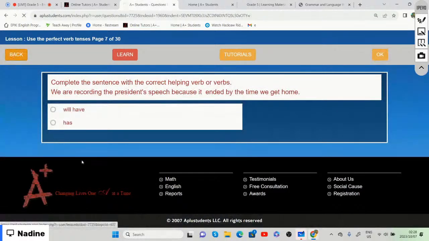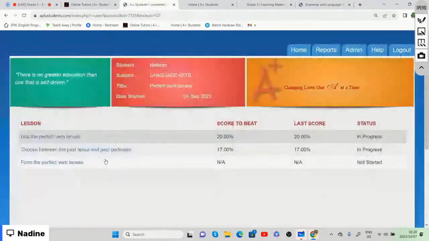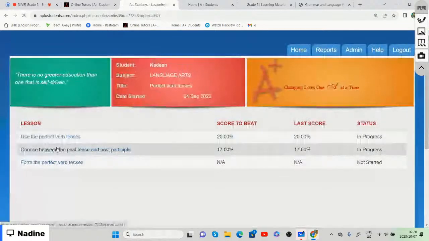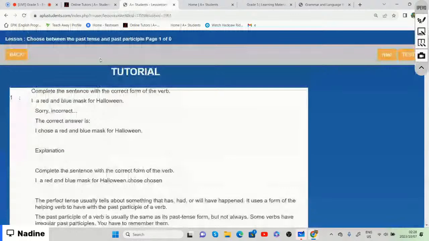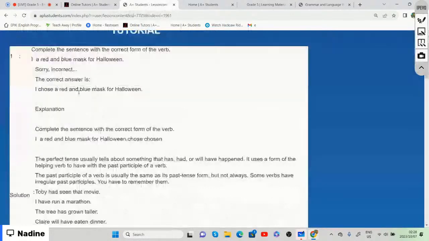All right. Now we're going to choose between the past tense and past participle. The past tense is something that happened in the past.